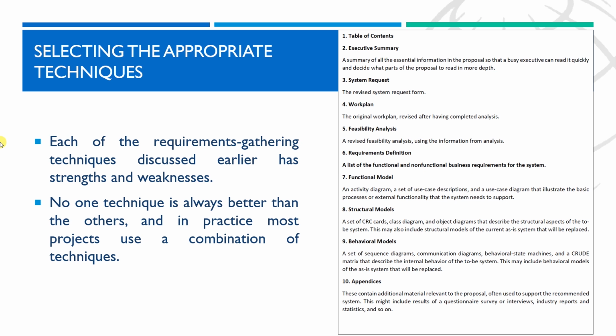Thus it is important to understand the strengths and weaknesses of each technique and when to use each one. One issue not discussed is that of analyst experience. In general, document analysis and observation require the least amount of training, whereas JAD sessions are the most challenging.